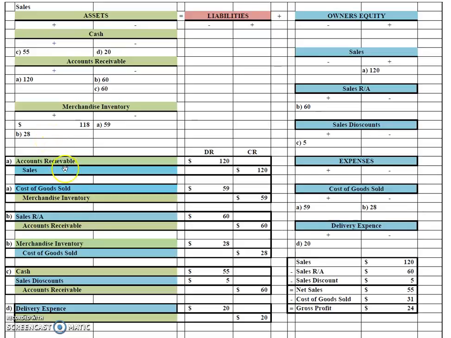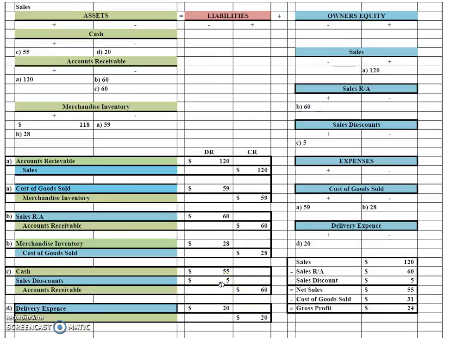And then finally, we have a payment. There was a $5 discount for paying on time. So the accounts receivable, $60 balance, remember the sale was for $120 minus what they returned. So they have a $60 balance. So the accounts receivable has to be credited for the $60.